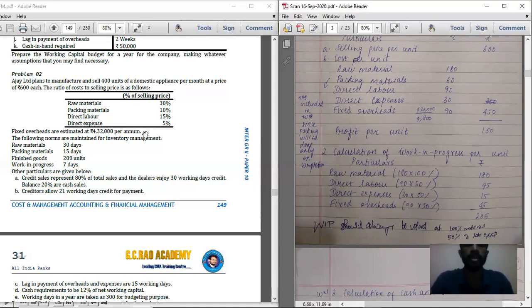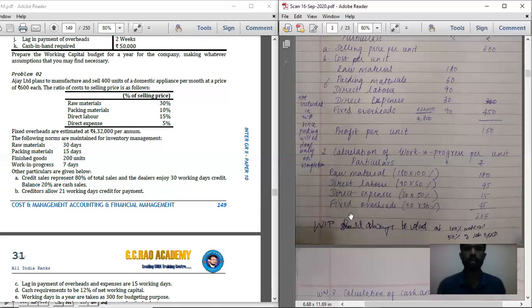When they haven't mentioned anything regarding work in progress, you should always assume 100% of material and 50% of labor and other expenses. Whenever you start a production, you put all the material in first, and only then give the labor to produce the product.